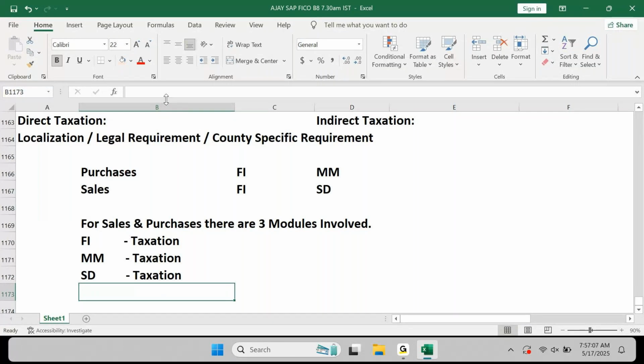Now this will happen with the help of your SD module consultant's configuration. On the MM side, will all your purchases directly happen or with the help of a purchase order? Through purchase order. All purchases will take place with the help of a purchase order. Is the purchase order the task of FI or the task of MM?